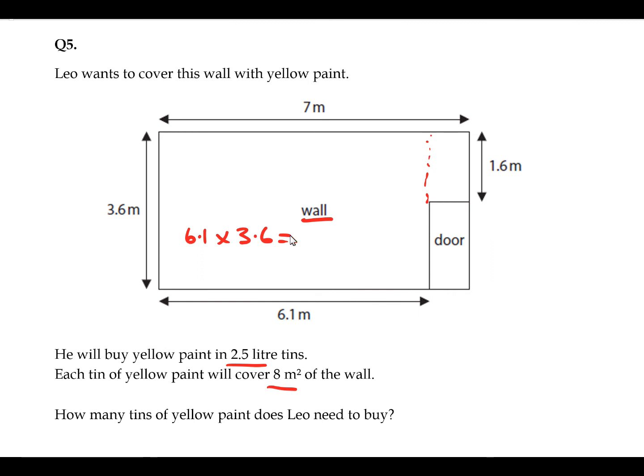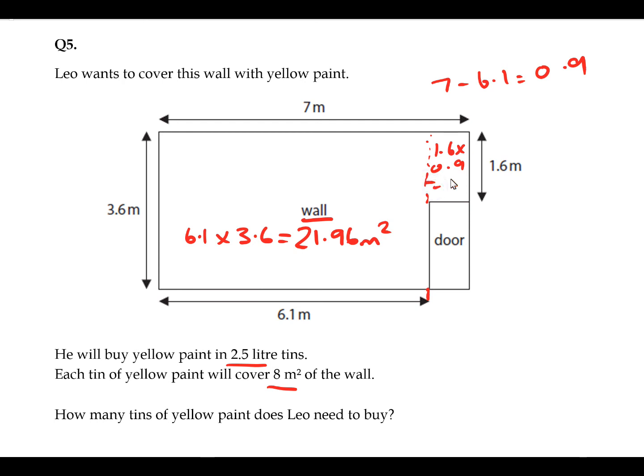So do this in your calculator, which is 21.96 meters squared for that bit of the wall. And then we need to do this little area here, which is 1.6 meters by, and then if the whole wall is 7, and this goes up to here is 6.1, then it's 0.9 of a meter.